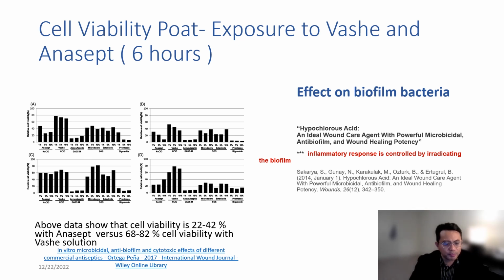It is ranging from 70 to 80 cell viability. Okay, as compared to Anasept, look how the viability is low. It's a lot lower compared to the VASH. It's like 22 to 40 cell viability.